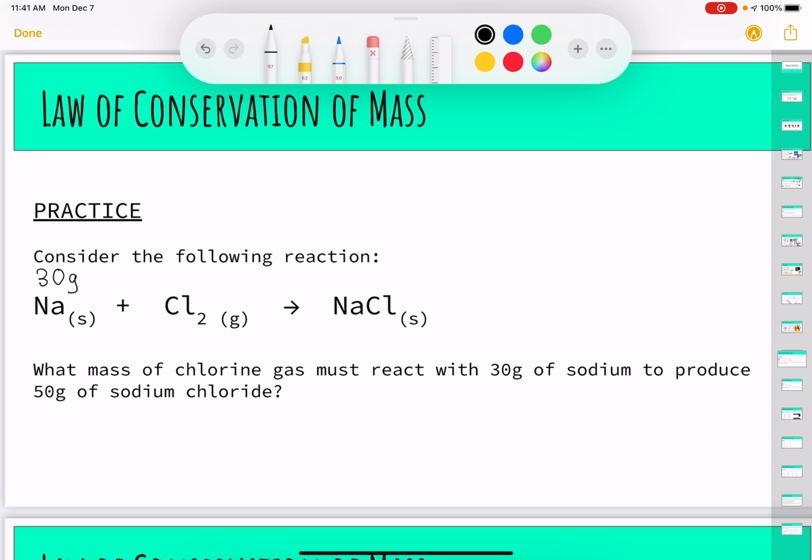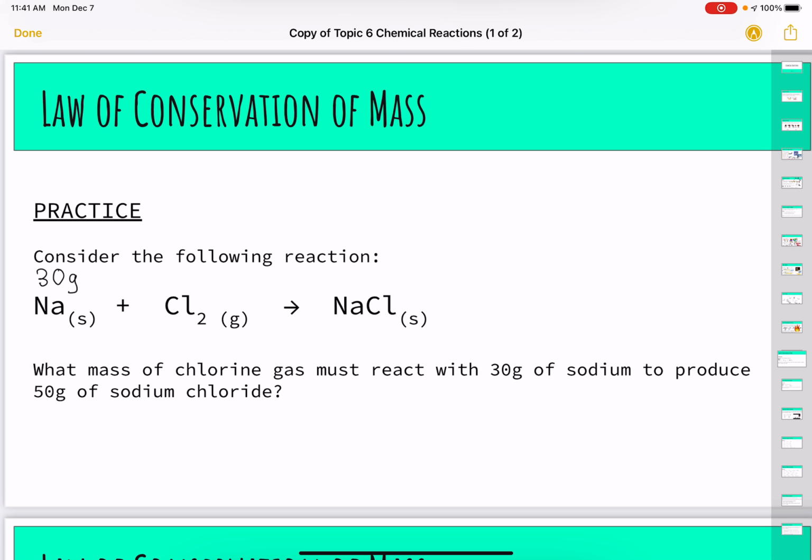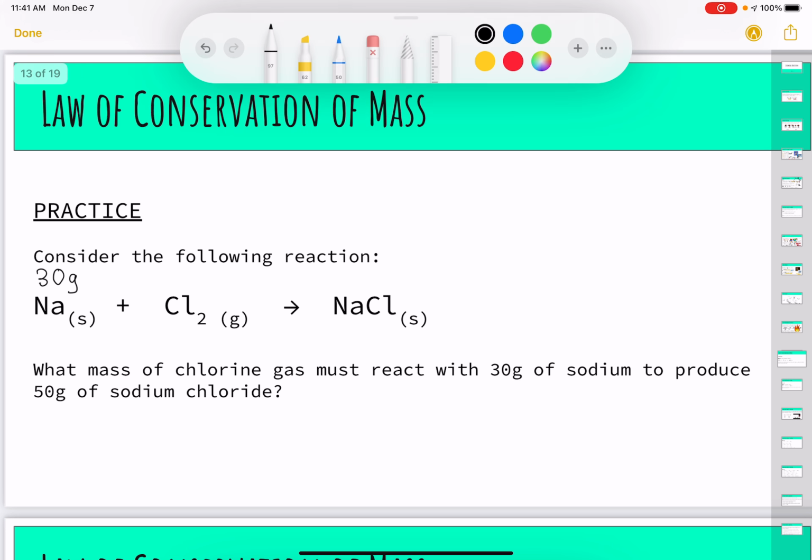And Na, if you don't remember, is sodium. So we've got 50 grams of sodium chloride. They're asking us how much Cl do we react?